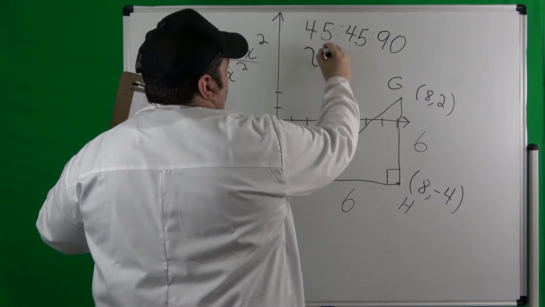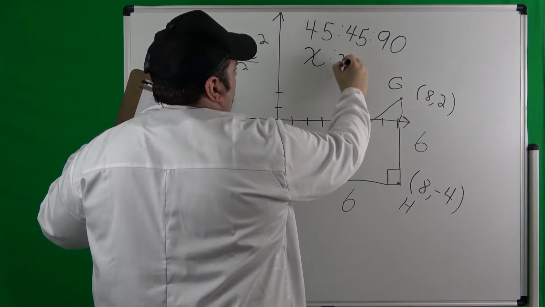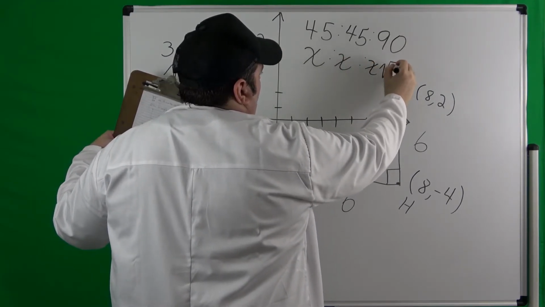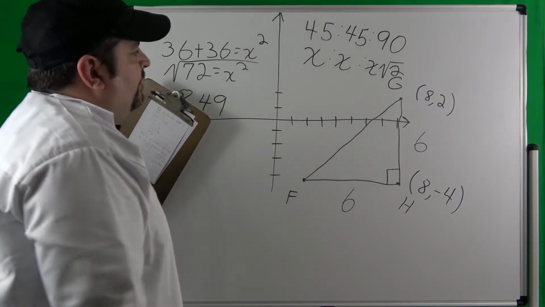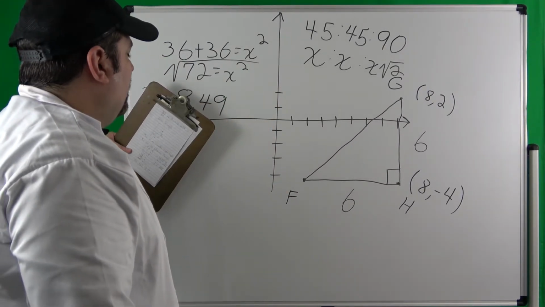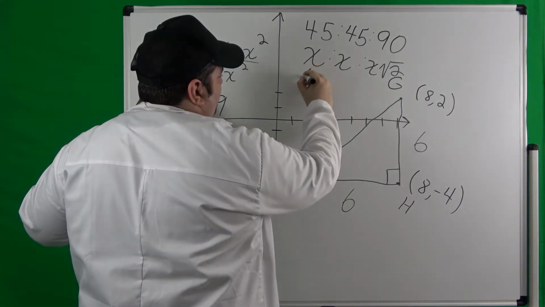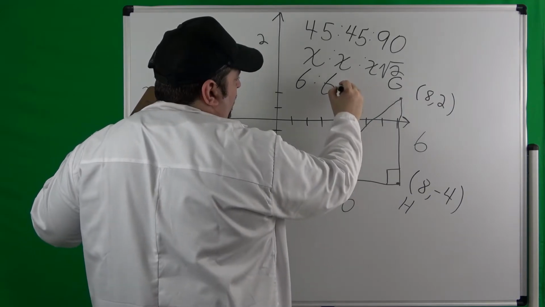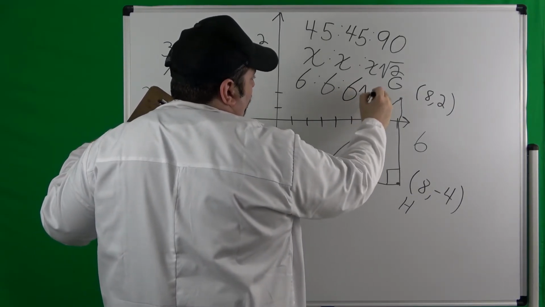Which, if you remember, we can convert it into that. So that would be 6, 6, 6 radical 2.